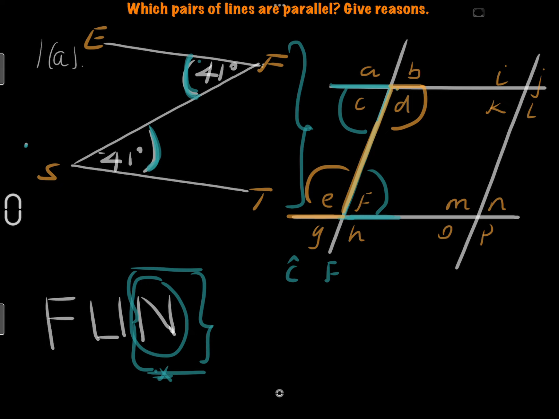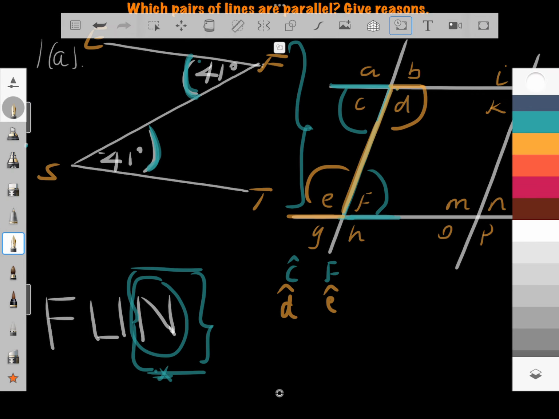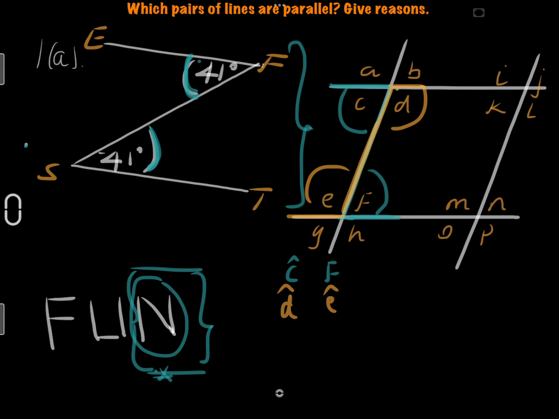So angle D and angle E are also alternate angles to one another. Another set that I like to highlight is this angle here and this angle here. So angle K and angle N are alternate angles to one another.